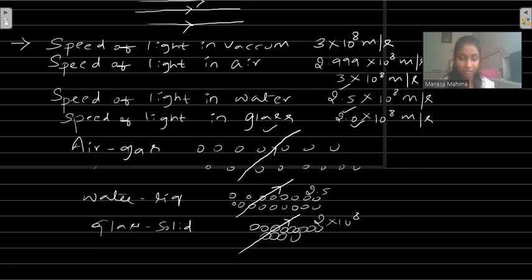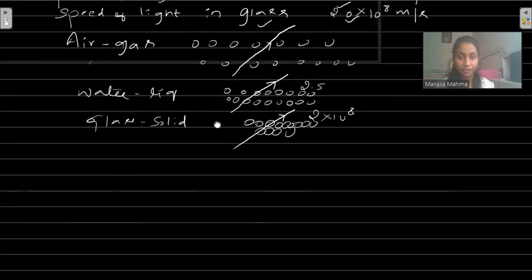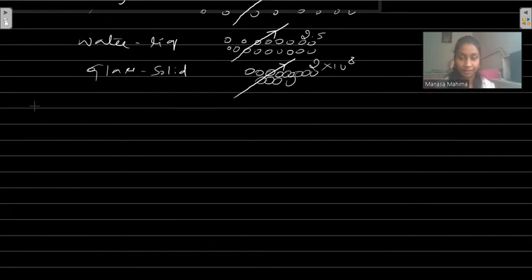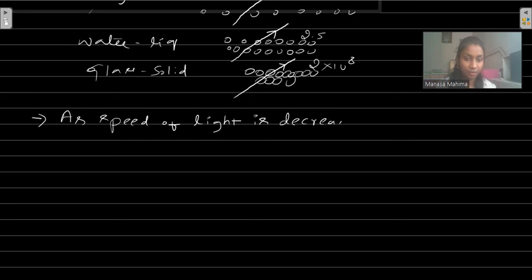Okay. Next, what point we need to write is, speed of light is decreasing, or else you can take changing. As speed of light is changing, what happens?